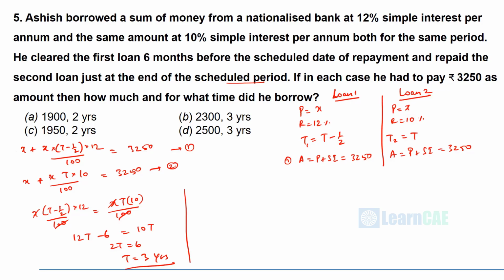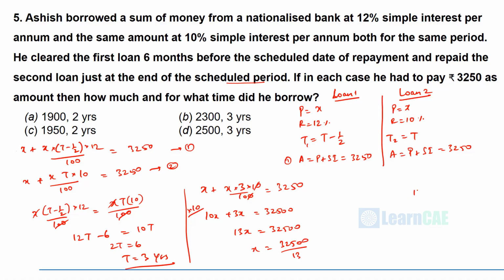Now we shall substitute T in the second equation and find the value of x. x plus x into 3 into 10 by 100 is equal to 3250. Now we shall multiply throughout by 10. 10x plus 3x is equal to 32500, another 0 because we are multiplying by 10. Therefore 13x is equal to 32500. x is equal to 32500 divided by 13.